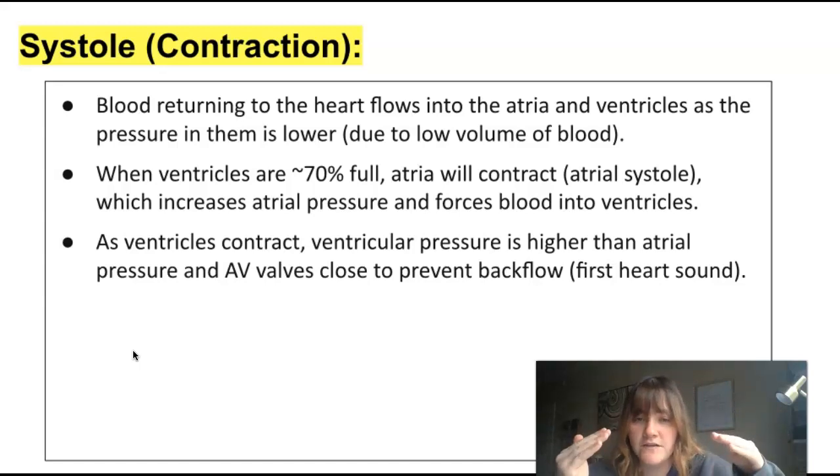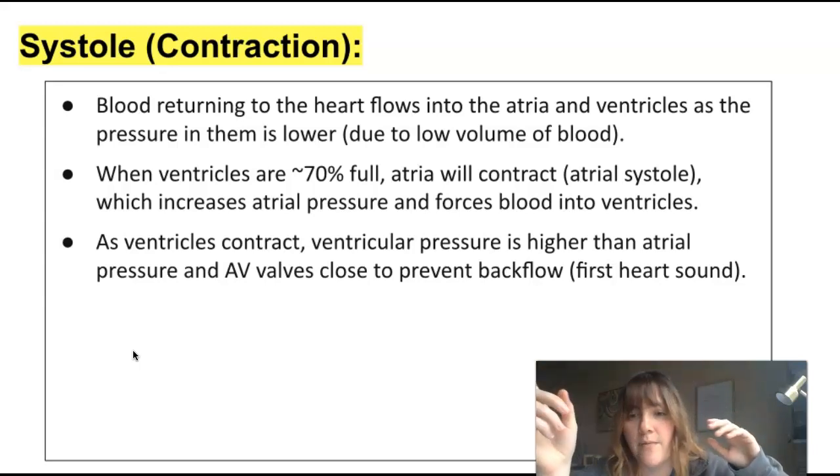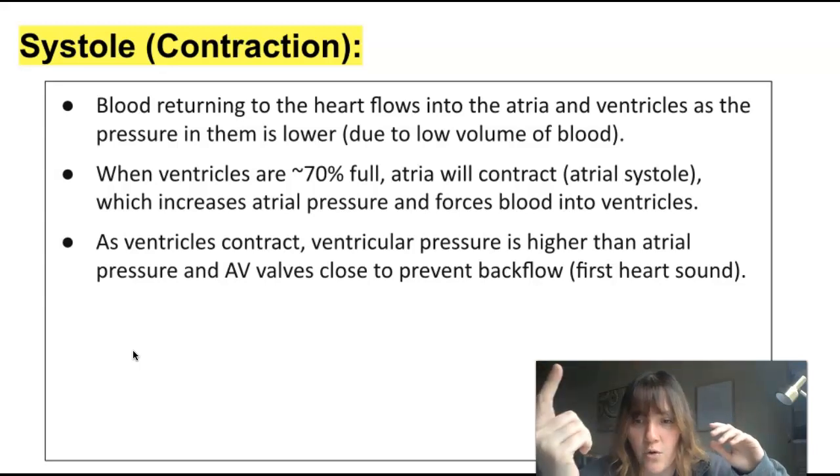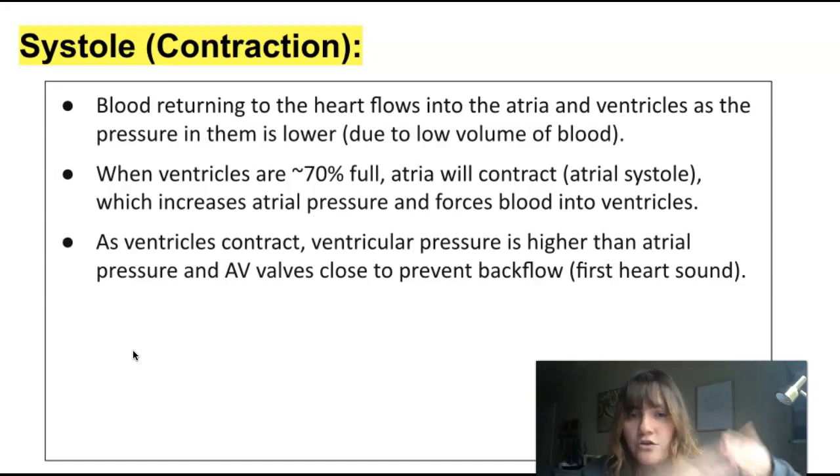So the valves, which we call the atrioventricular, the AV valves, are going to close. The reason those valves close is so that the blood is going to flow from the ventricles to either the pulmonary artery or the aorta rather than flowing back into the atrium. The only reason the valves close is because we just don't want blood to go backward. That's that first heart sound that you hear.